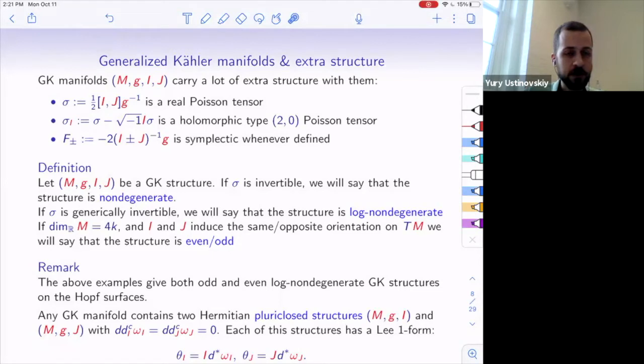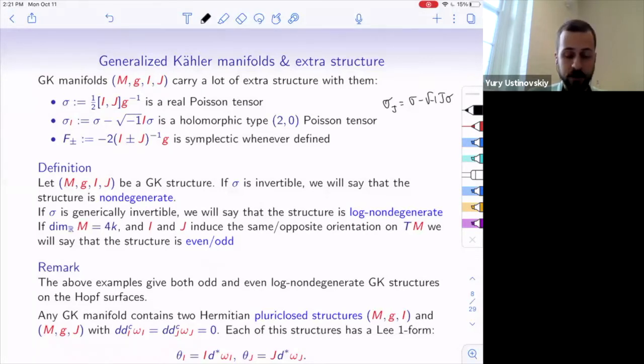And the more important feature of this sigma is that it is the real part of a holomorphic (2,0) Poisson tensor. So you can consider the tensor which we call sigma I. It's actually a complex valued Poisson tensor, and it happens to be holomorphic of type (2,0). And likewise, the same works for complex structure J. So you can also define sigma J in the same fashion. It also will be J-holomorphic, and also will be of type (2,0).